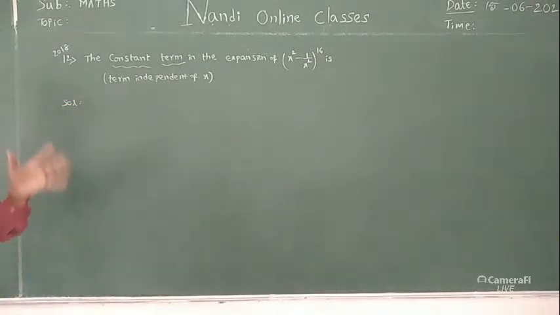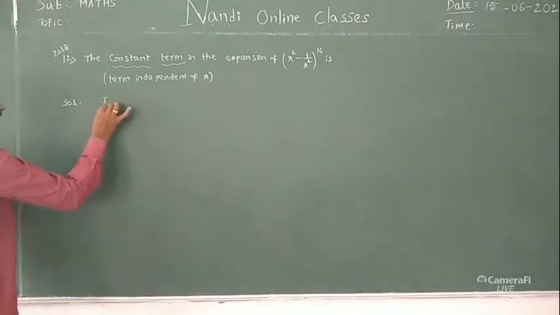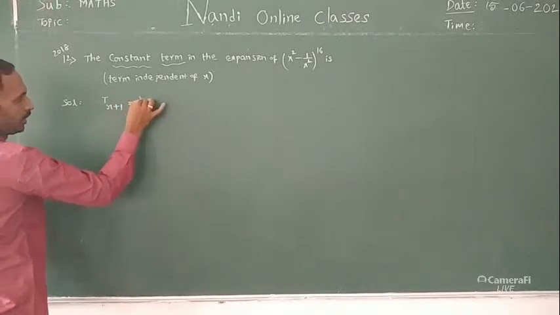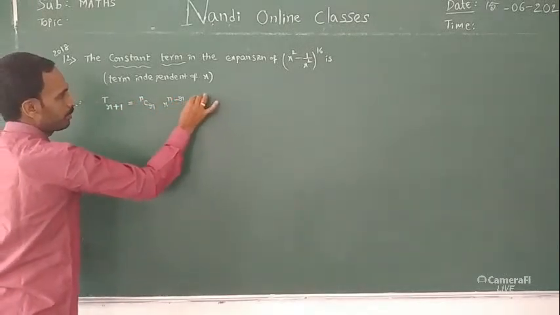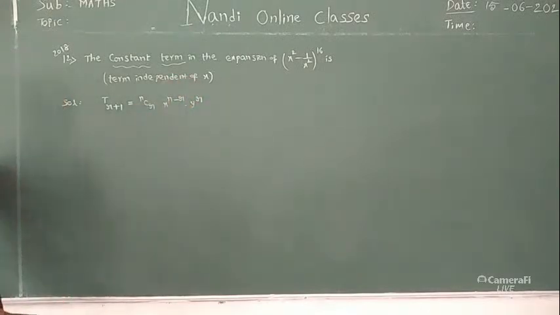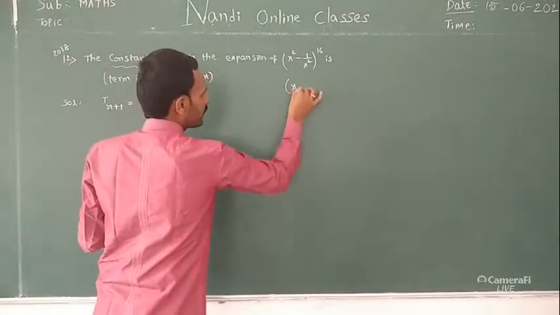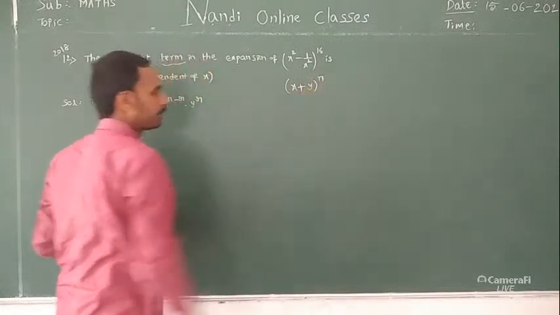For anything, first of all, simplify the general term. The general term formula is T_(r+1) = nCr x^(n-r) y^r. It is in the form (x + y)^n.